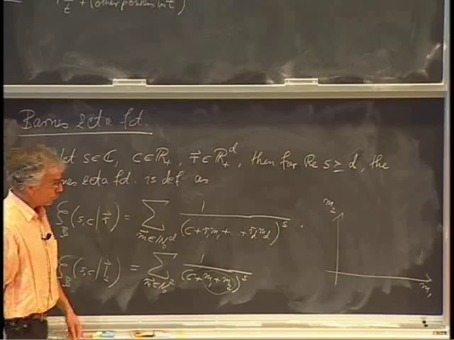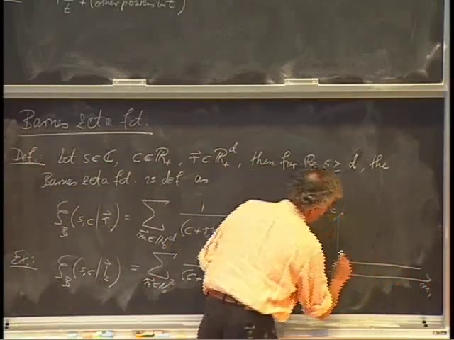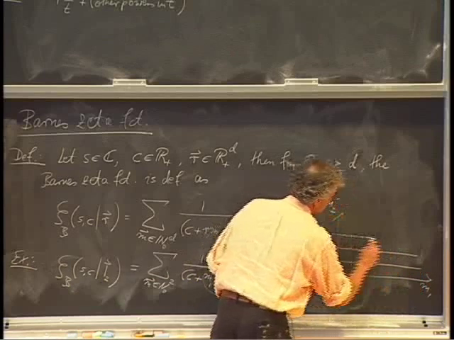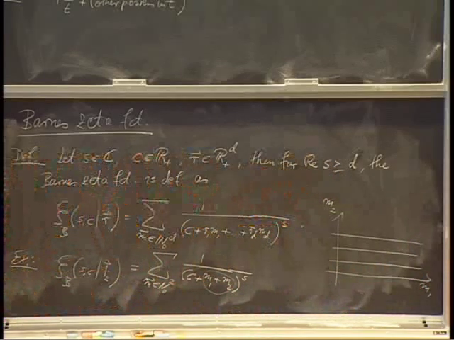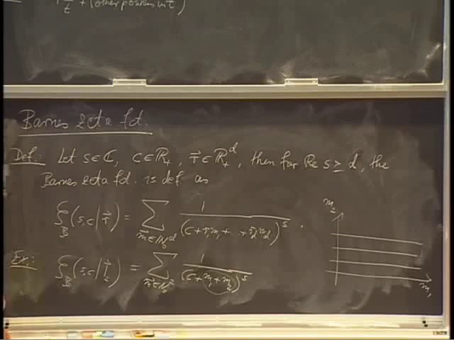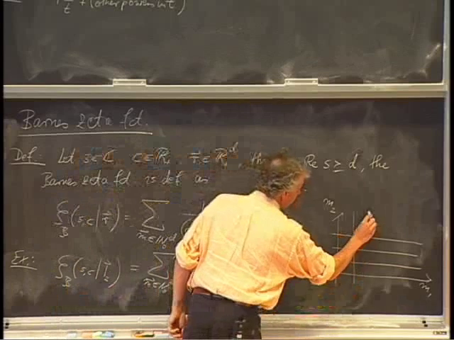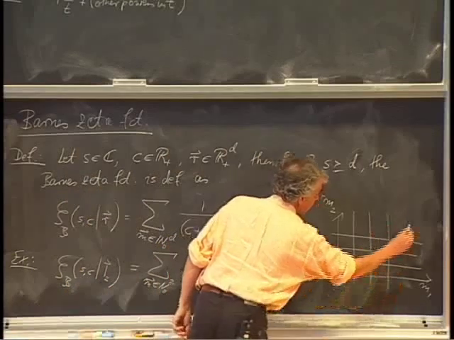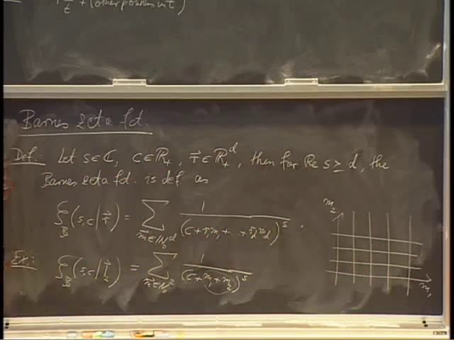If you look at the summation lattice, if you want to call it that way, then if you sum first over m1, you are essentially summing horizontal lines. So if you have absolute convergence, that would be one choice. If you sum first over m2, then you would be summing vertical lines.